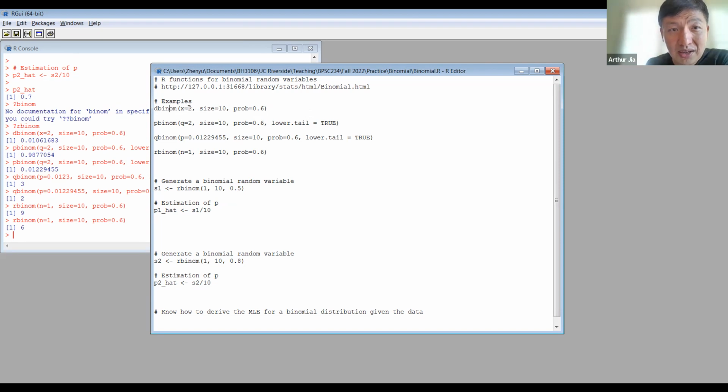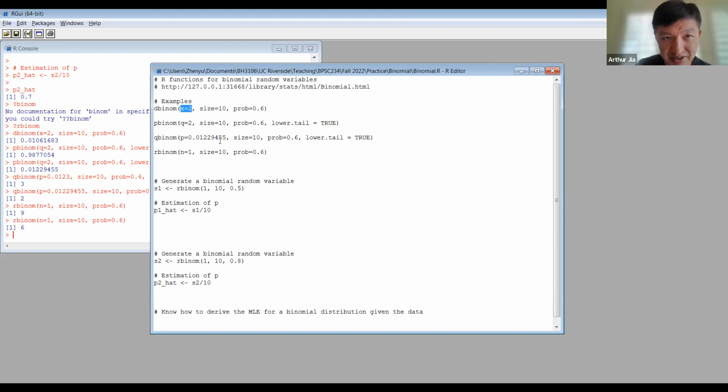Here, this is a single binomial random variable, and this variable actually came from an experiment. For example, if we toss a coin 10 times, the size means how many trials you did for the experiment. The size equals 10. And out of these 10, you only observed 2 heads coming up.